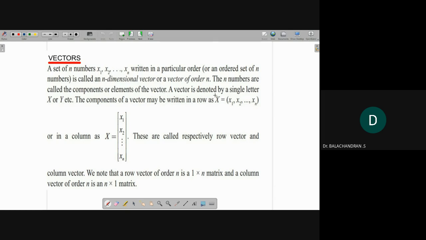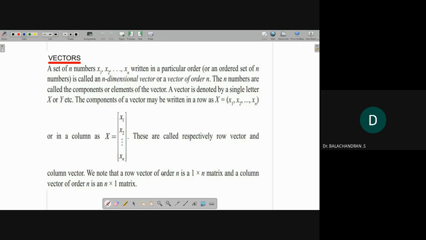A vector is denoted by a single letter, capital X or capital Y. The components may be written in a row as X equals x1, x2, xn, or in a column. These are called respectively a row vector and a column vector.